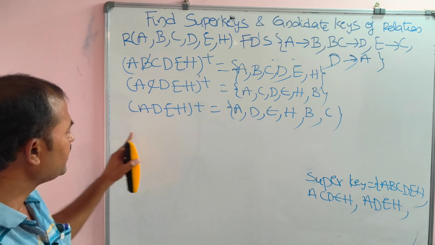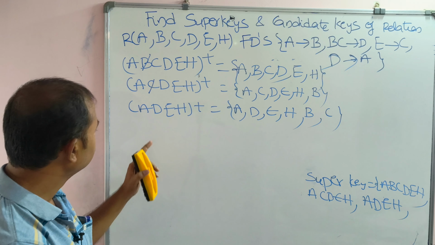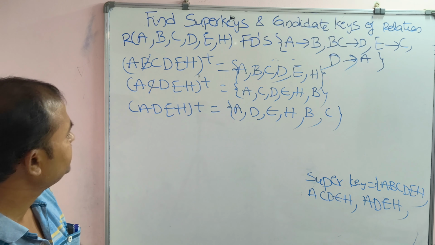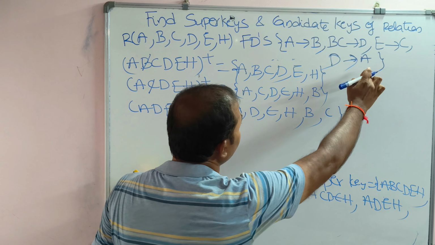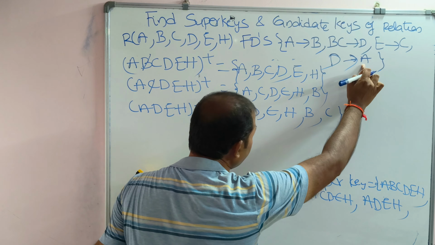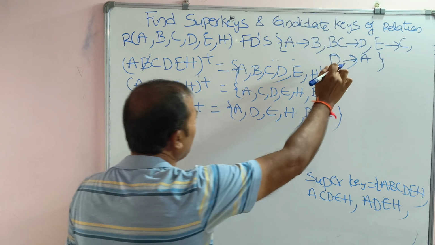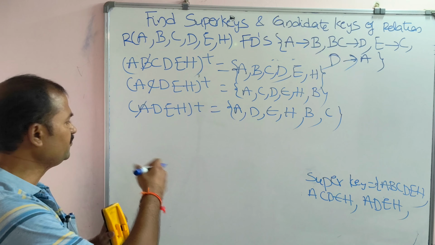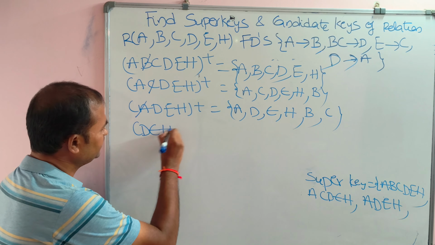Now let us try to remove some attributes from this super key. Let's check here. Here we have D determines A. So if we have D, then directly we can get the A value. So there is no need of this A here. So the next one is DH.